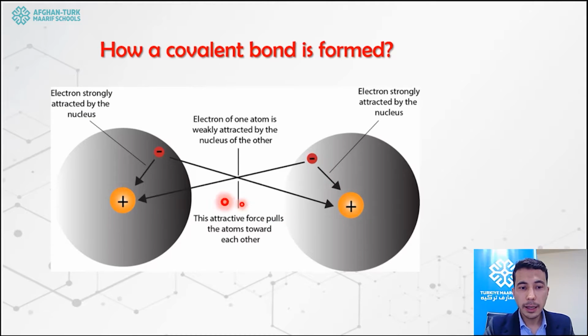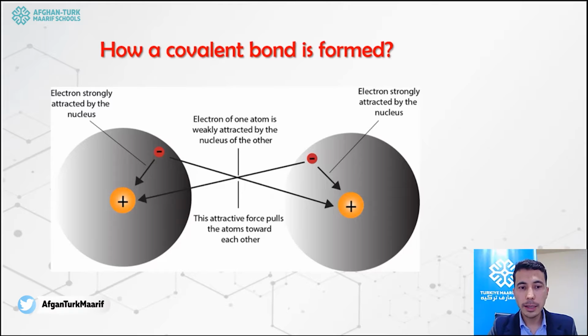But when these two atoms come close to each other, this electron of the hydrogen A will be attracted by the nucleus of the other one as well. But it's a weak attraction, but it's also an attraction. So this electron of this hydrogen will also be attracted by the nucleus of the other one. So these two weak attractions cause these two atoms to get close to each other and they form bond.